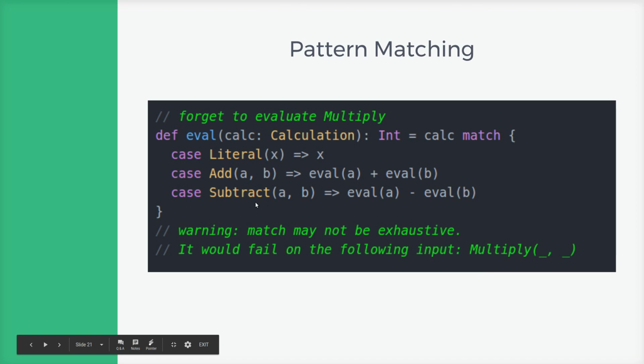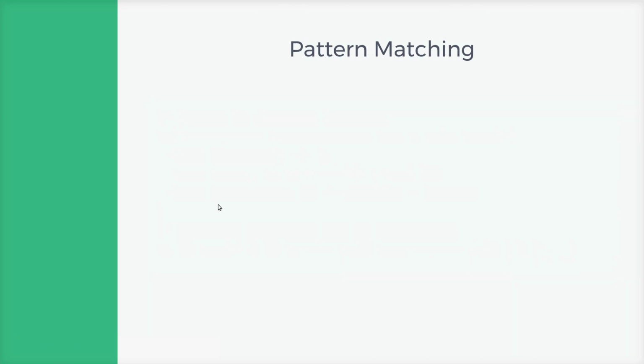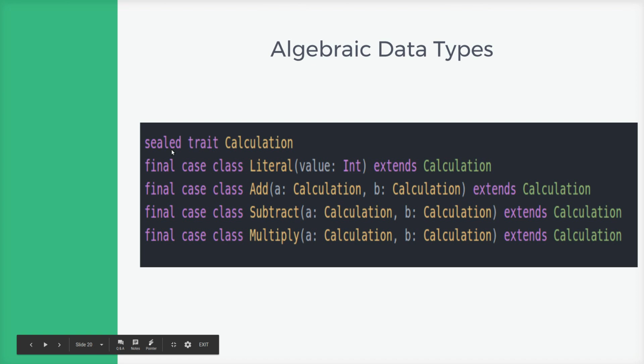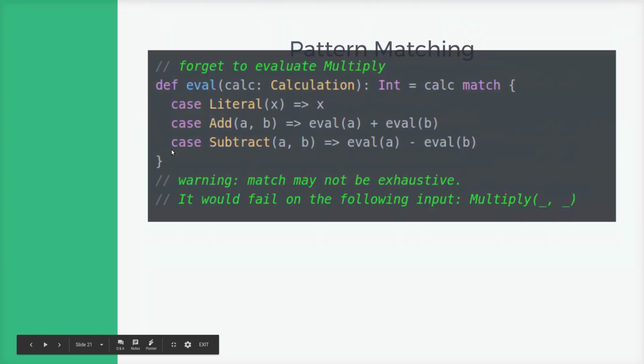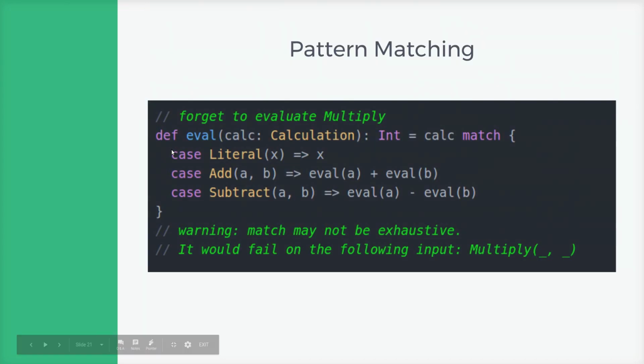The same is for subtract. But what happened here? We haven't evaluated the multiply case, and as I told you before, the calculation is an algebraic data type having the sealed keyword that we can see here, and this helps the compiler to tell something like, I know that calculation is not going to have more subclasses, so I am asking you to at least evaluate each possible case.